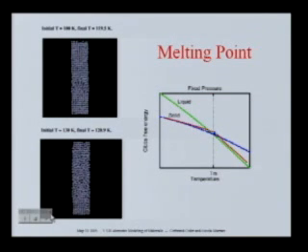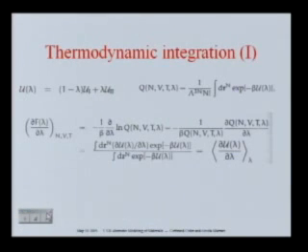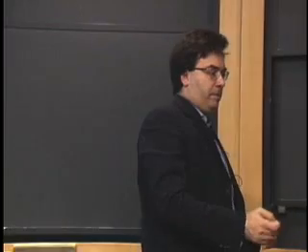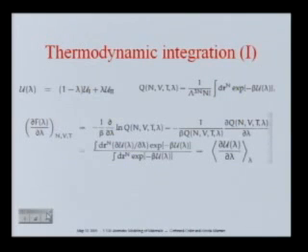And one possible way of explicitly calculating this free energy, or in particular the free energy difference with respect to a known phase, is to use thermodynamic integration. That is a technique that has been discussed in some of the previous lectures by Professor Cedar. So I've just put up a reminder here.